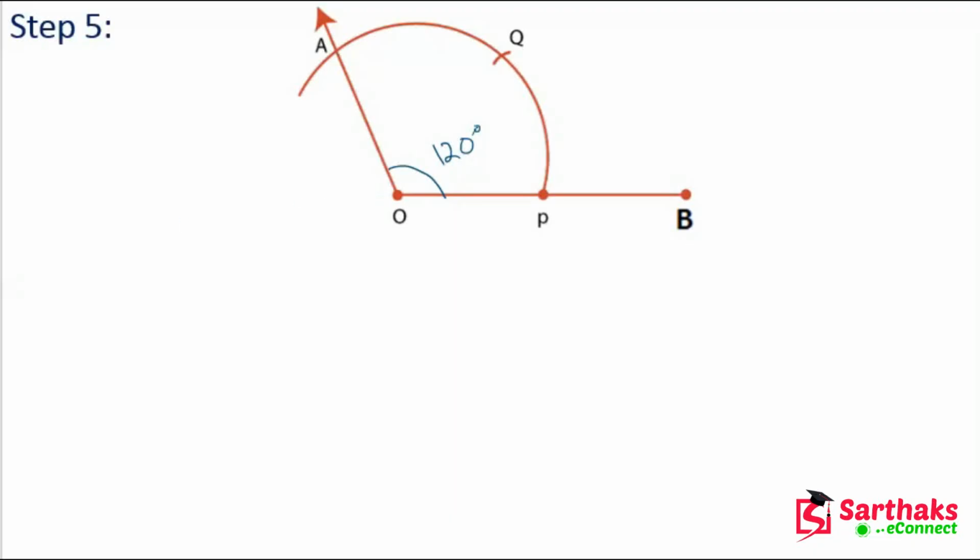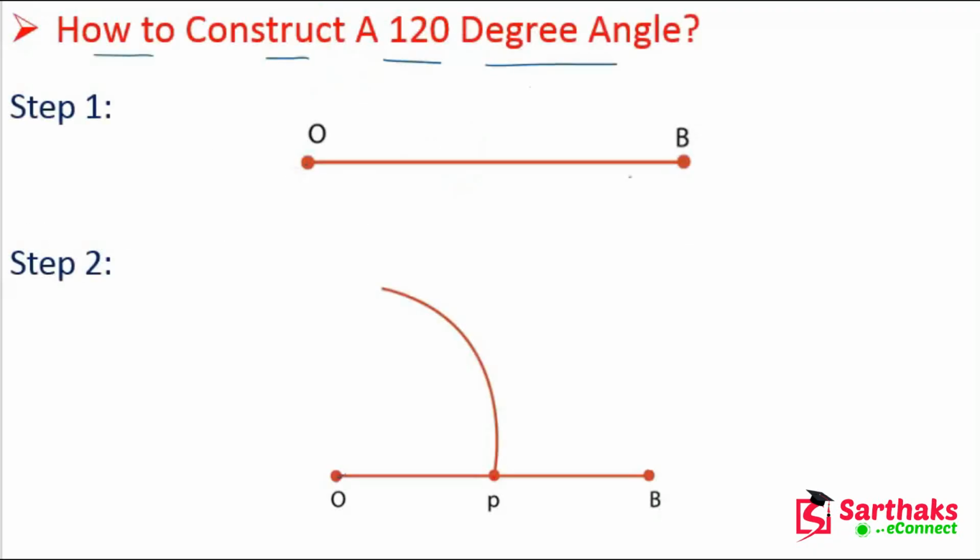So what have we done? First of all, we draw a line OB. In the second step we take O as the center and cut an arc at point P on line OB.